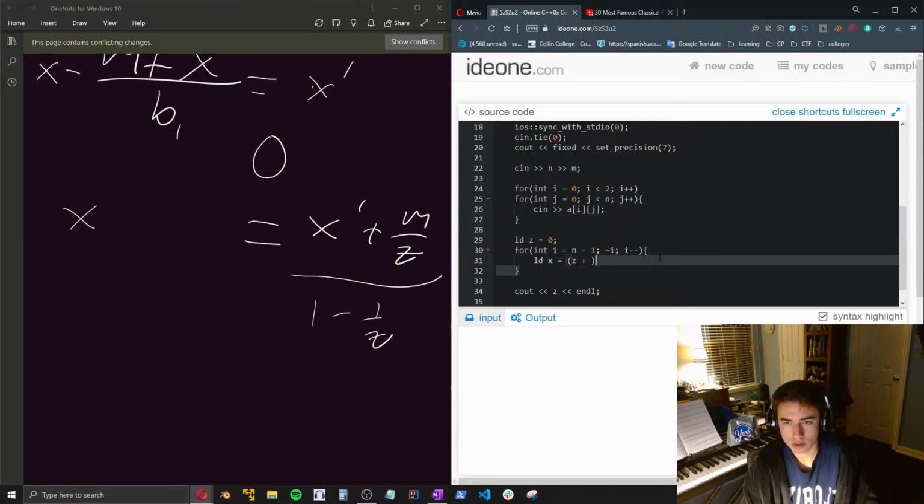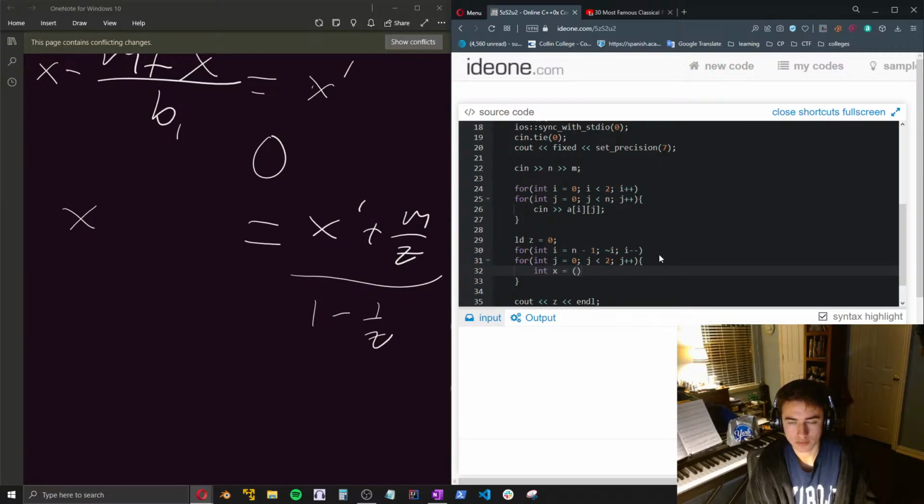So now for each one, we do x equal to i plus j, not j. As you can see, when j is 0, that means we're looking at the A_i value, right?